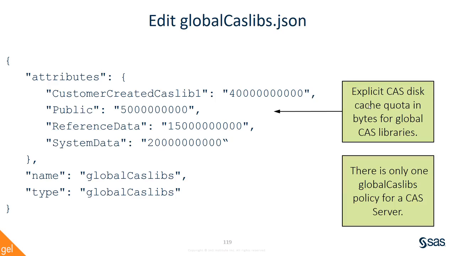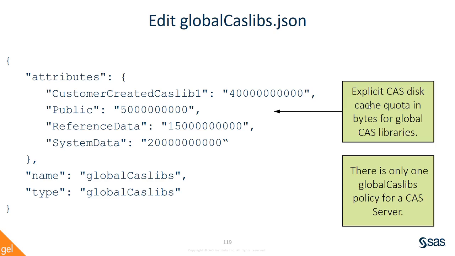Now, similarly, one of the other template files I have is the global CAS libs. So in this case, you see a few of the global CAS libs that come defined automatically. You can add others in. Okay? So if in the exercises, when you define space for your global CAS libs, if you don't see it referenced, just add a row.